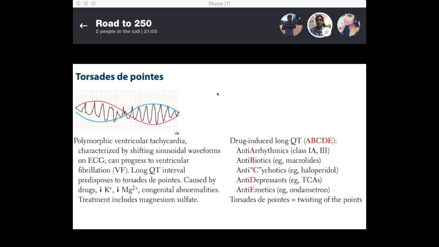Torsades de Pointes is also known as polymorphic ventricular tachycardia, and it is all about the QRS going crazy, with excessive ventricular depolarizations occurring.